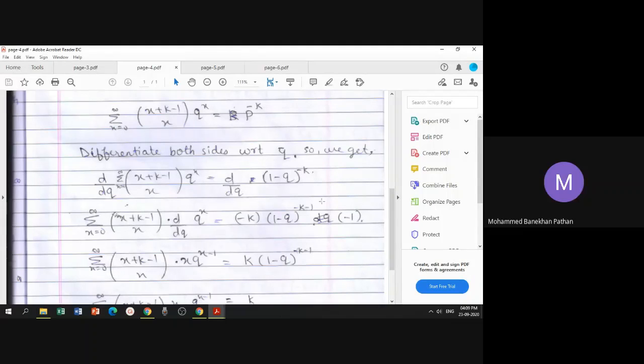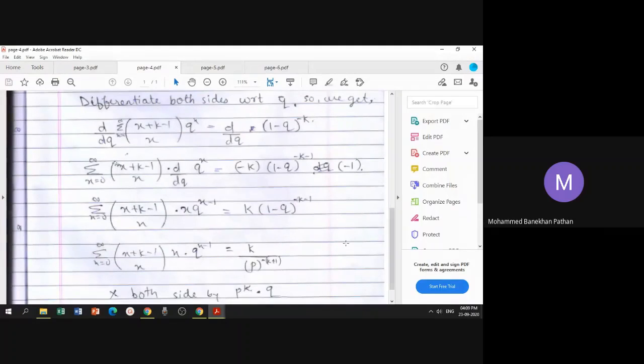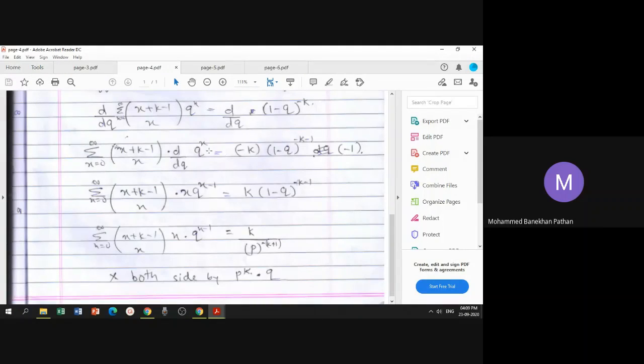Is that okay? Let us see now what the differentiation is. If you look at q raised to x, the differentiation is x multiplied, q as it is, and power reduced by 1. That is the rule of differentiation for any quantity with power.